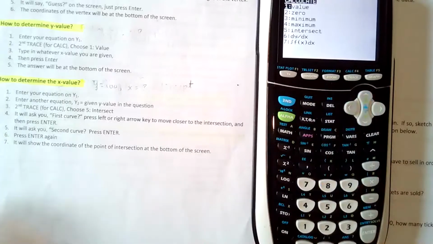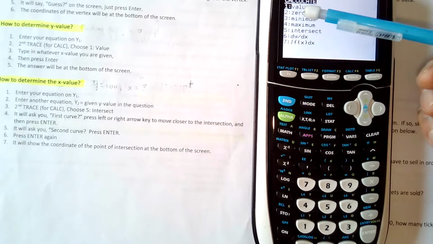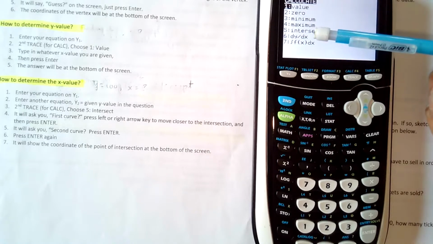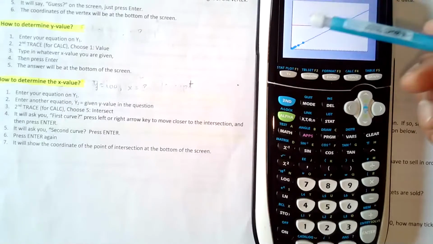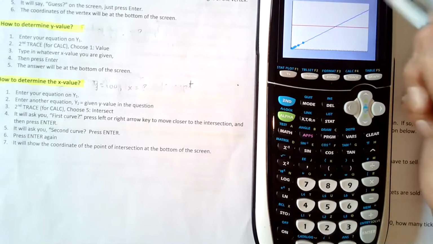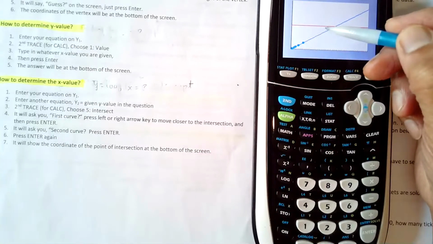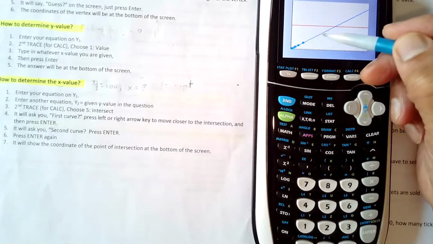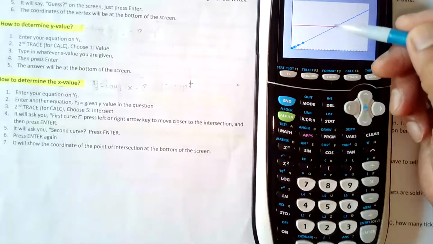In the previous one, when we were given the x value, we pressed 1. But now we want to go to intersect. The reason we're finding the intersect is, if I go to graph, y equals 100 is that line that goes right across there. We're going to find the point where y equals 100 and y equals 3.5x meet. Where they meet, that's your intersecting point, and that will give you the number of tacos.